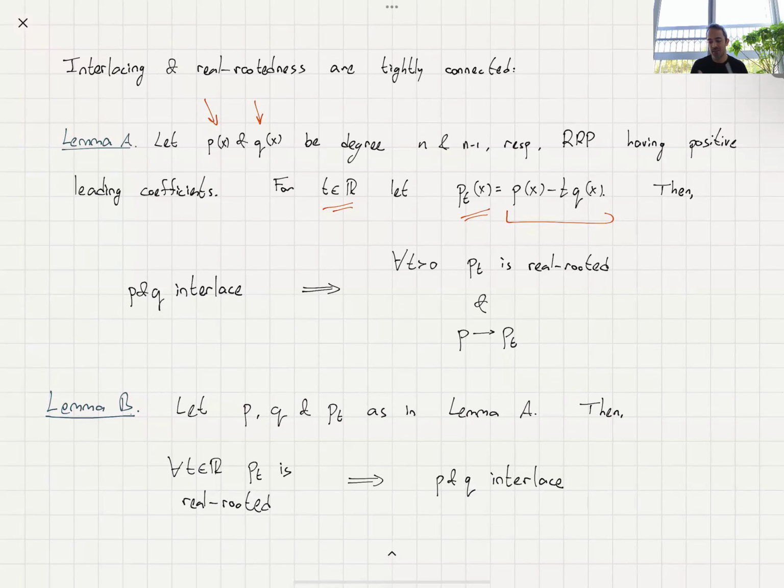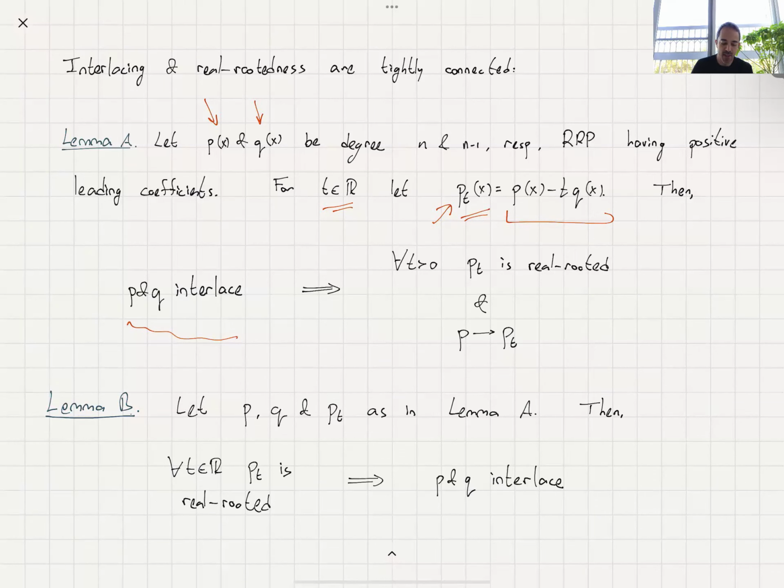You don't mind Q. When t is very large, tQ of x is kind of dominating P of x, and the roots don't mind that you have the t times something. So you should think of P_t of x as, when t is close to 0, the roots of that polynomial are closer to that of P, and when t is very large in absolute value, you get close to the roots of Q.